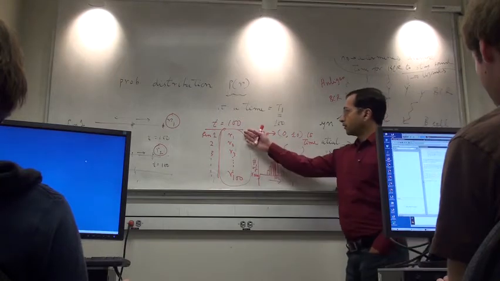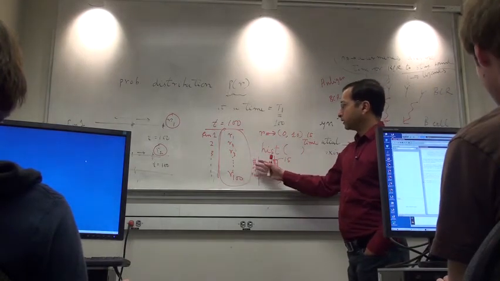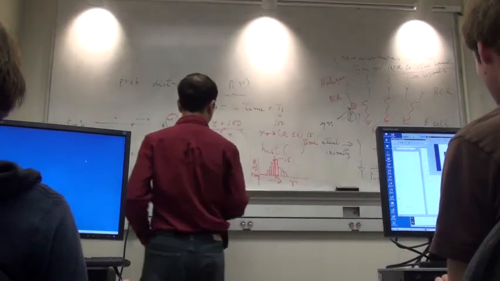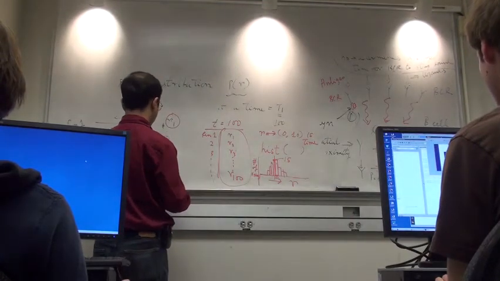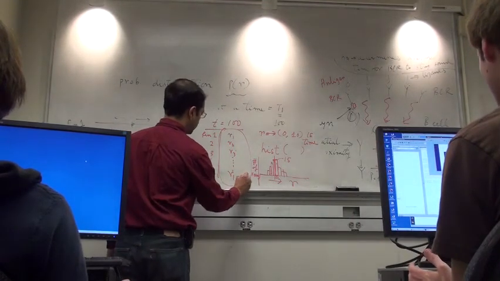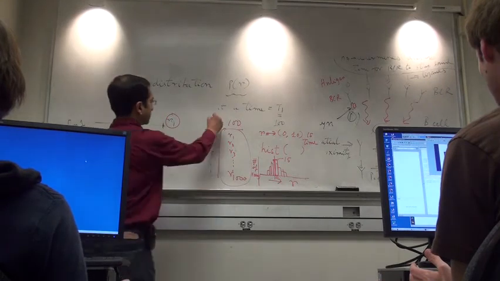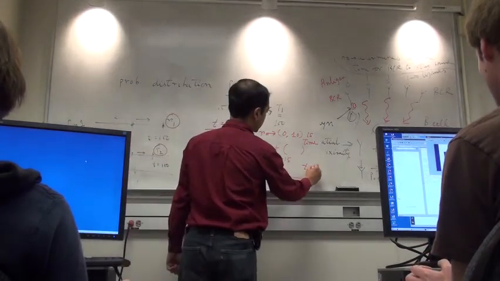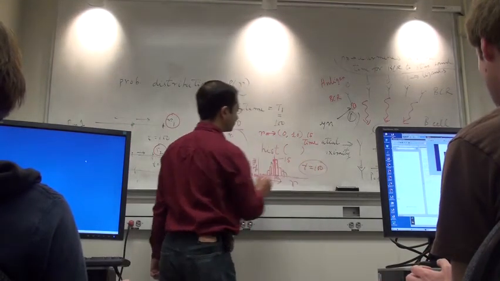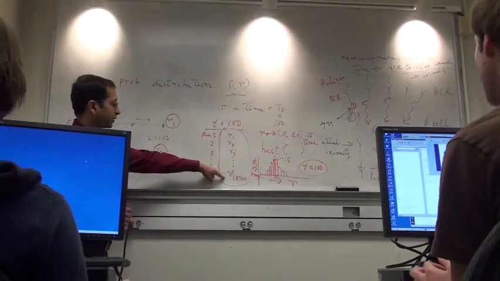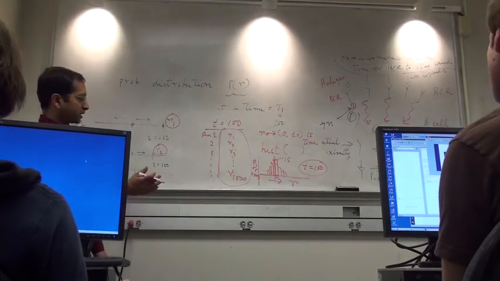So this is t equals 100, and let's have, say, 1,000 runs. This is the probability distribution or histogram at t equals 100. The more you increase the number of runs, the better looking histogram you have.